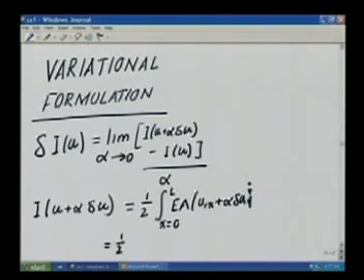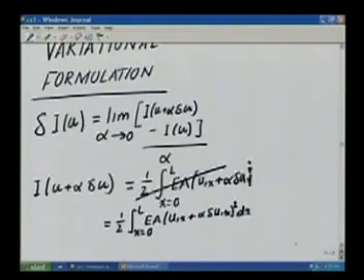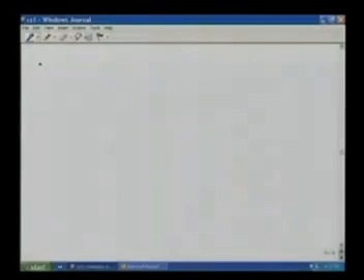This is equal to half of integral 0 to L EA u prime x plus alpha delta u prime x whole squared dx, and the other part will be minus integral x is equal to 0 to L f into u plus alpha delta u dx, and finally, minus p times u at L plus alpha delta u at L.